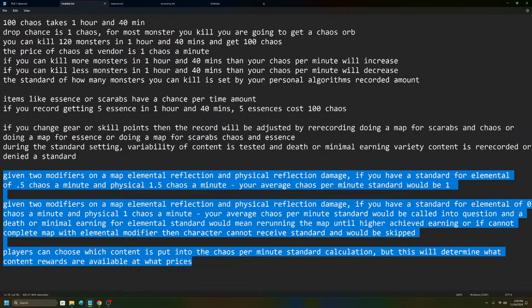Ideally, you would take the Chaos Orb standard test and you would be able to include all pieces of content, and your standard would be one Chaos Orb. So the drop rates as the developers intended, but automatically being able to run all content, as well as being able to afford any item in the game for the drop rate chance that it is.